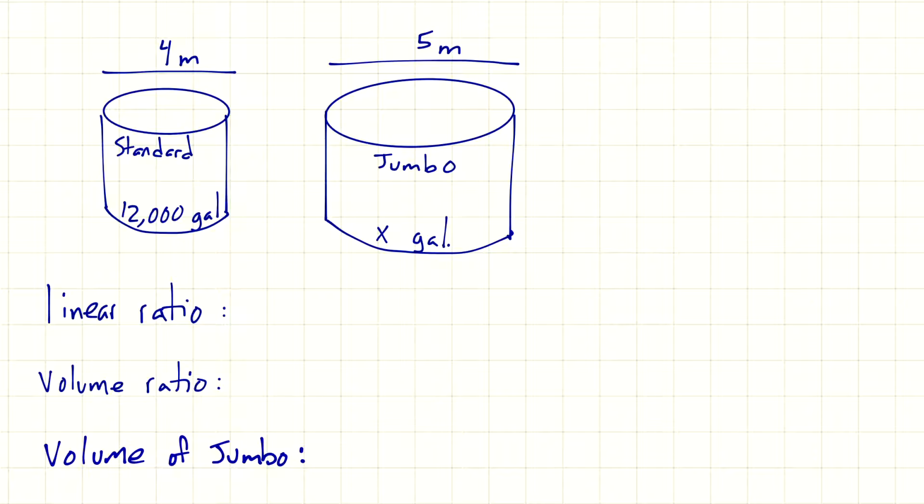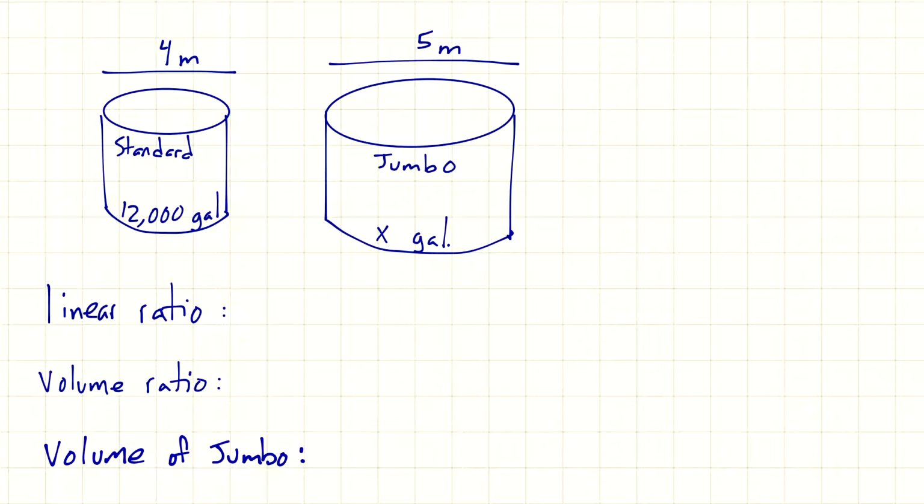One of them is obviously going to hold more gallons of oil, but when we look at the cost of these containers, we have to decide, is it worth it or not? And so first we need to figure out how many gallons the jumbo container holds.